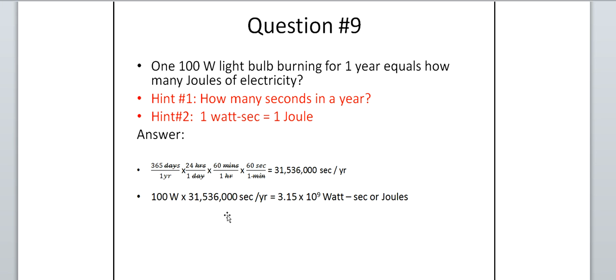Then you take that figure and you multiply it by your watts that you're given, 100 watts. Well, a watt second is equal to a joule. So you multiply that out and you get 3.15 times 10 to the 9th watt seconds. A watt second is equal to a joule, so that's how many joules you have.